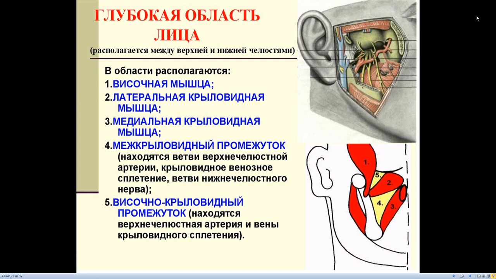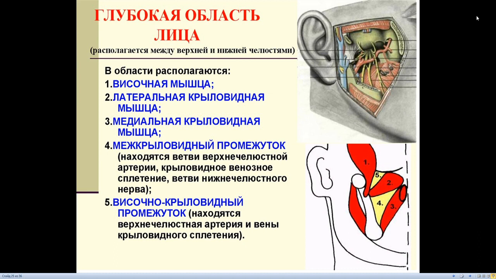In the deep region we can distinguish two interfascial adipose spaces. First one, temporopterygoid, between the lateral pterygoid and temporal muscle.